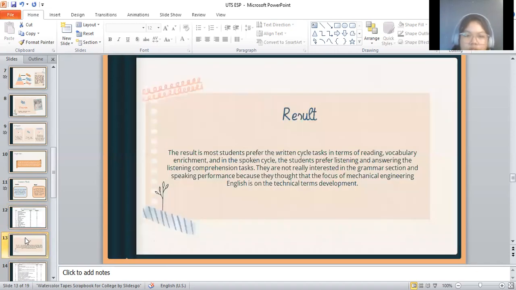The result is most students revert to written cycle tasks in terms of reading and vocabulary enrichment, and in the spoken cycle, the students prefer listening and answering the listening comprehension task.